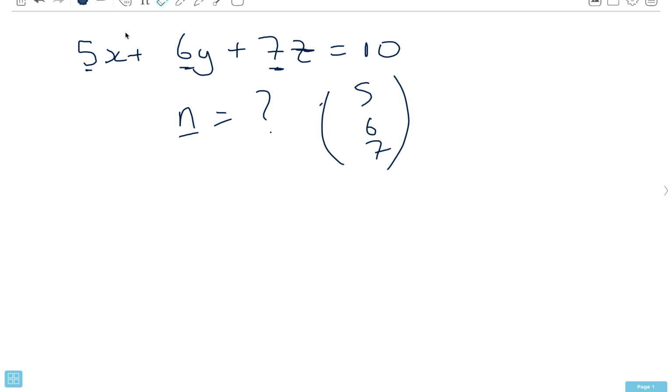Now, I'm going to define two planes, and they're going to be the same plane. They're going to be parallel, and they're going to be the same plane.